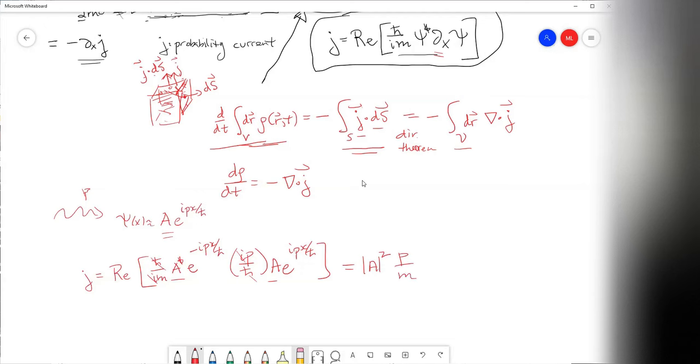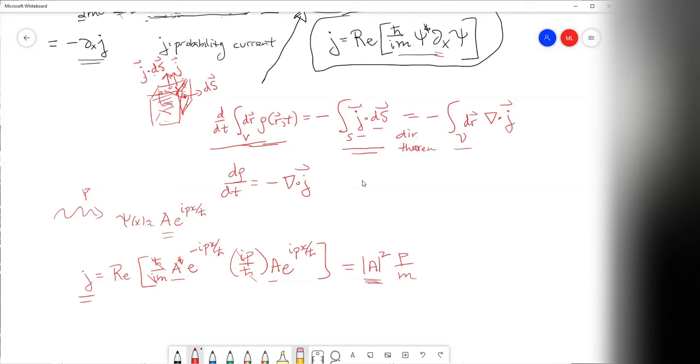It tells you that the current is the magnitude of the wave function at that point, times the velocity. So it's like the velocity times the amount of probability there.